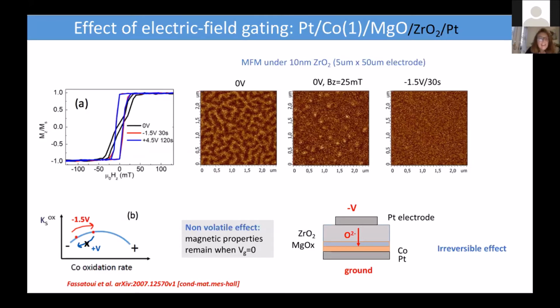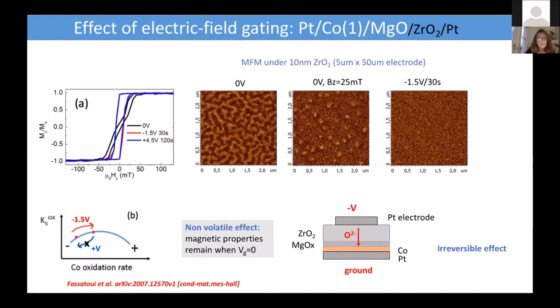When you apply a negative voltage for 30 seconds, you can see that this hysteresis loop becomes square, which indicates a strong increase of the perpendicular magnetic anisotropy. This effect is non-volatile, so if we remove the electric field, the magnetization stays perpendicular.